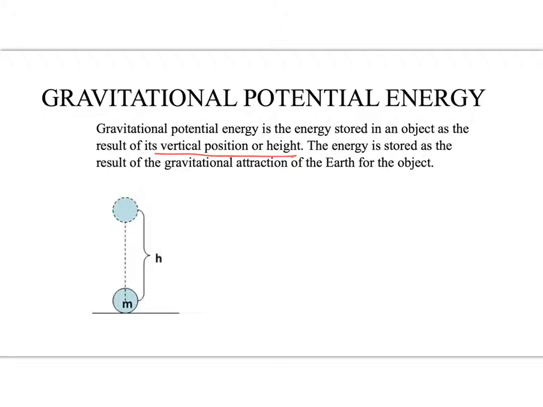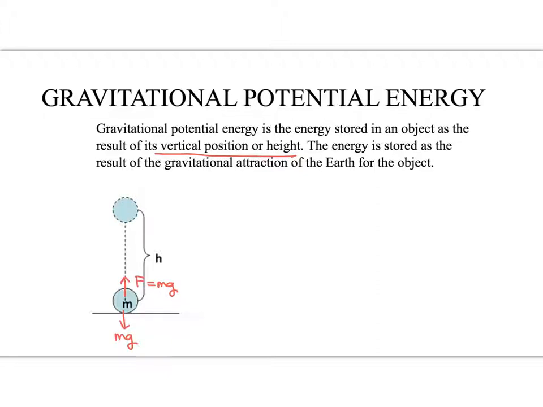Let's see that we have an object with a mass of m and it has the gravitational force, the weight, equal to mg. In order to raise this object to a height of h, we have to apply minimum value of force which is equal to the weight of the object.